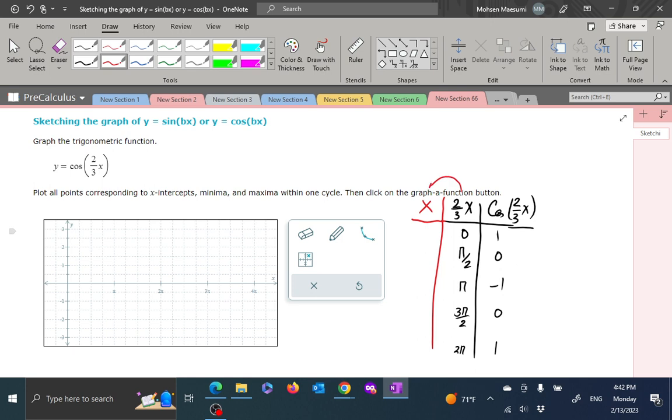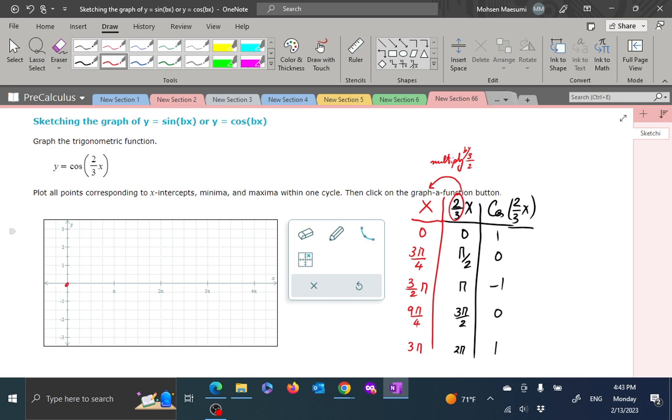You have to transfer from here to here. How do you transfer? You multiply by 3/2. 0 is always 0. Multiplying by this 3/2, you have 3/2 of pi. These are our numbers. So multiply by the reciprocal of this number, 3/2.